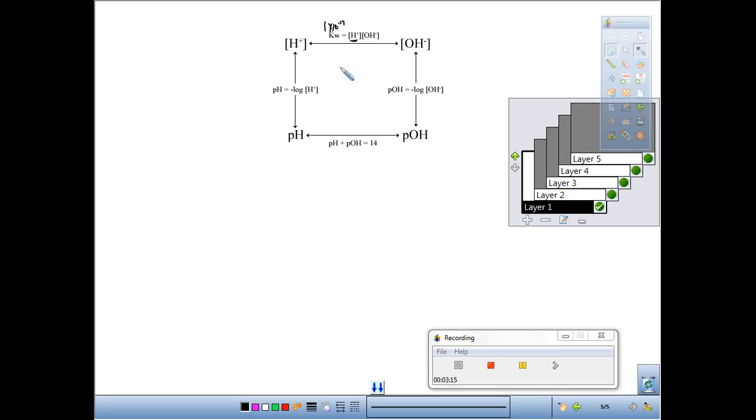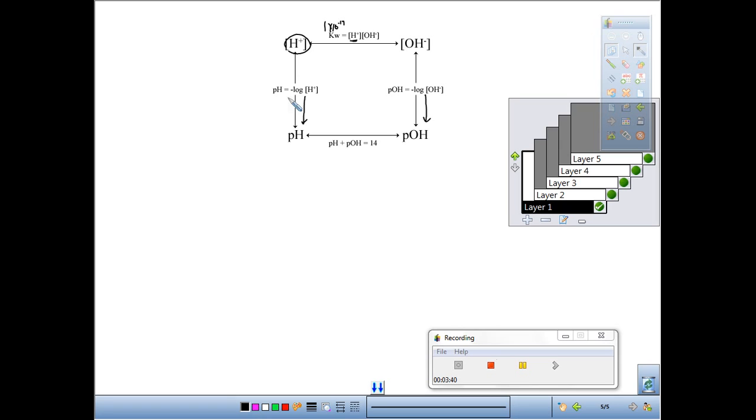Now, how do we go to pH and pOH? If you have the concentration of the OH, it's just the negative log of that molarity that gives pOH. Same thing here. If you've got the molarity of the acid concentration, the negative log of it is the pH.